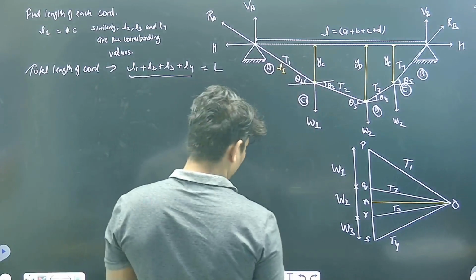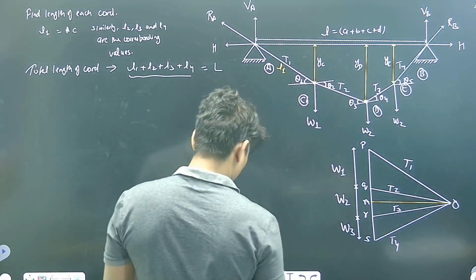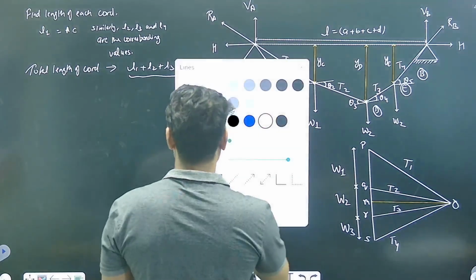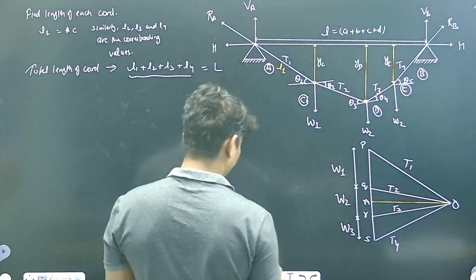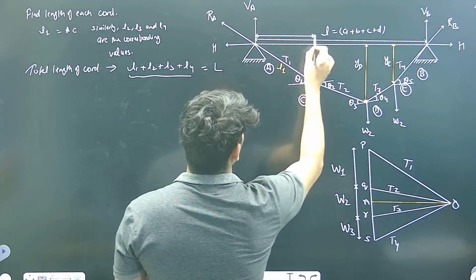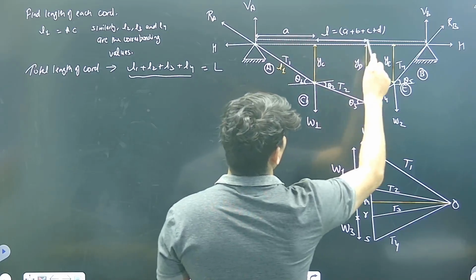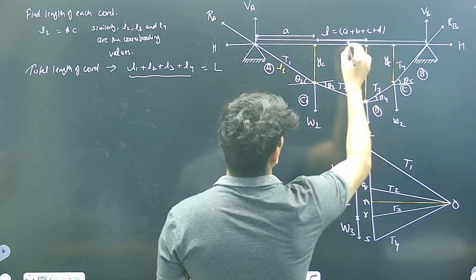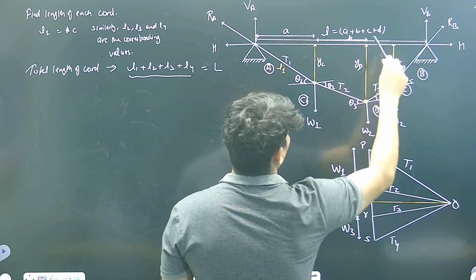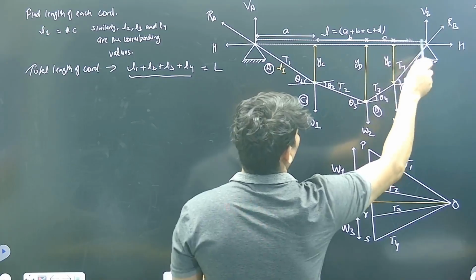and now suppose this distance is given to you as I told you in the previous figures. This length is, suppose this is given as A, from this to this it's B, from here to here it's C, and now it is.